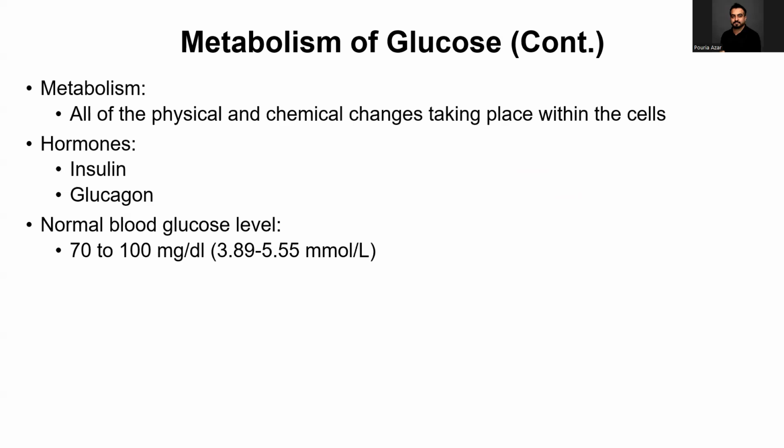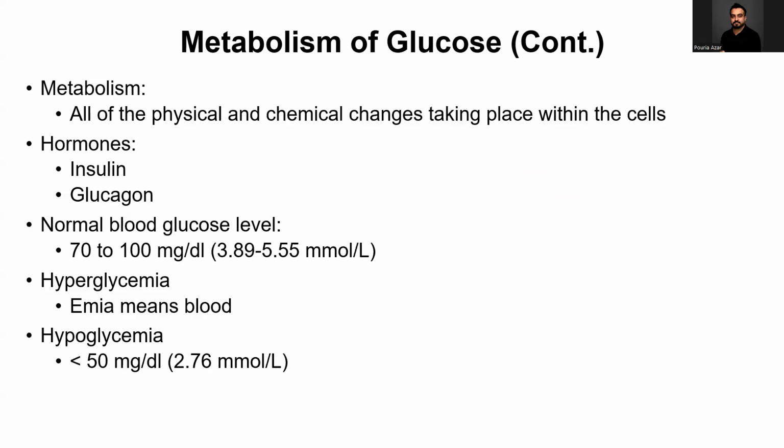The normal blood glucose level should be between 70 to 100 milligrams per deciliter of blood. We have hyperglycemia. Emia means blood, hyper means high, and gly means glucose. So hyperglycemia means high blood glucose levels. We have hypoglycemia. Again, emia means blood, gly means glucose, and hypo means low.